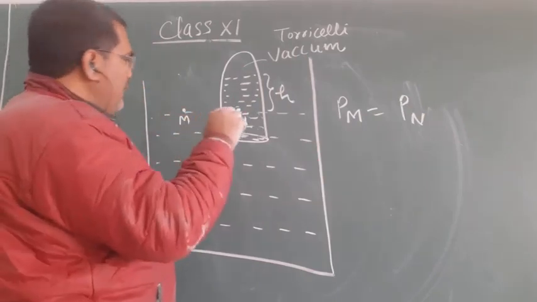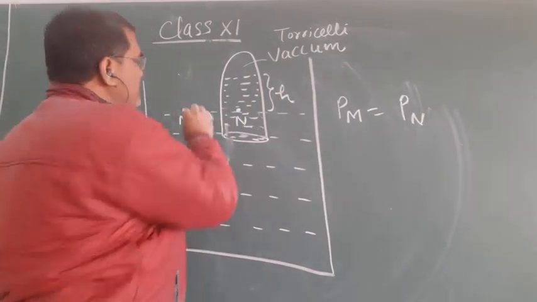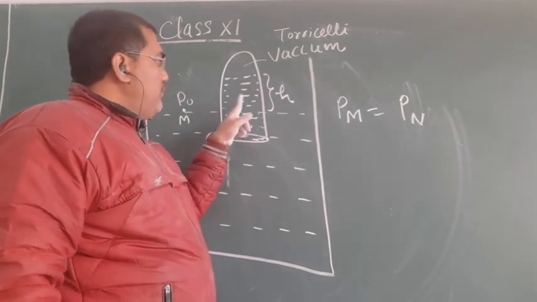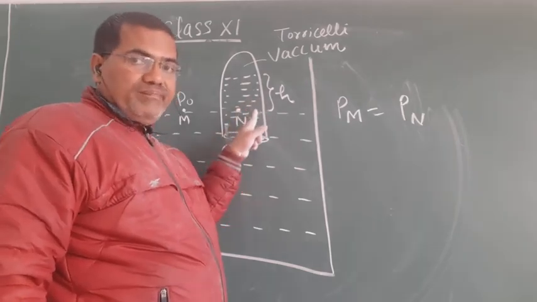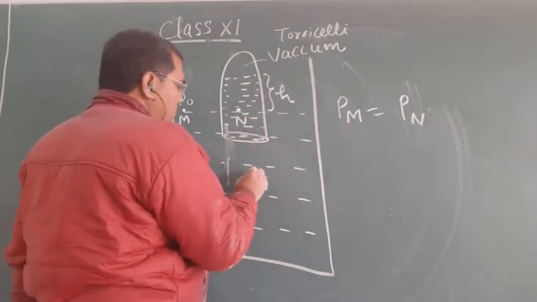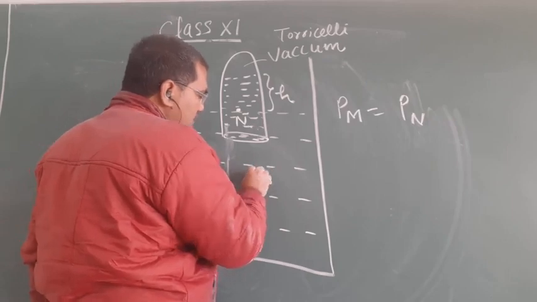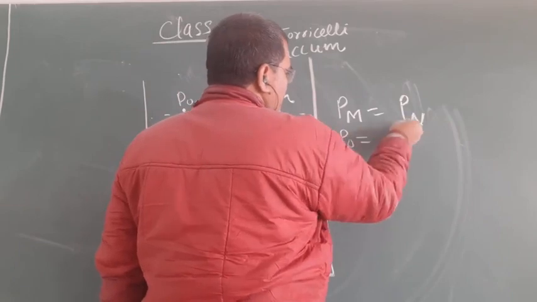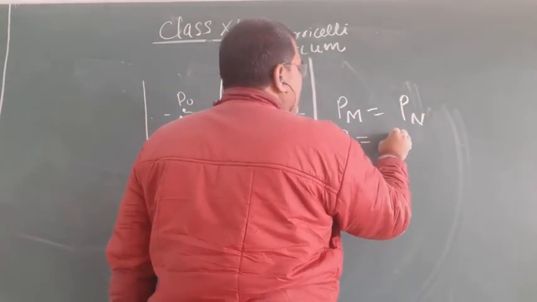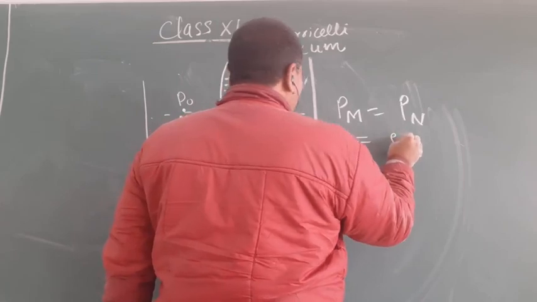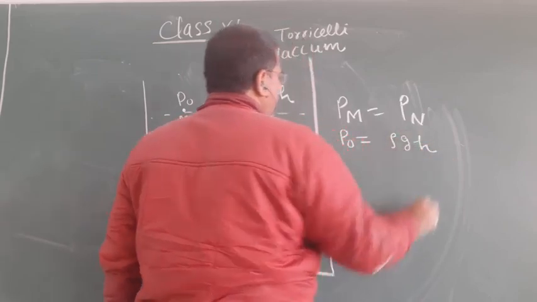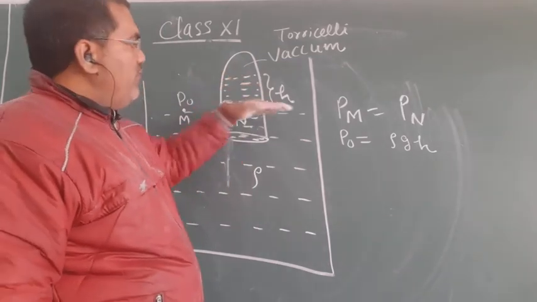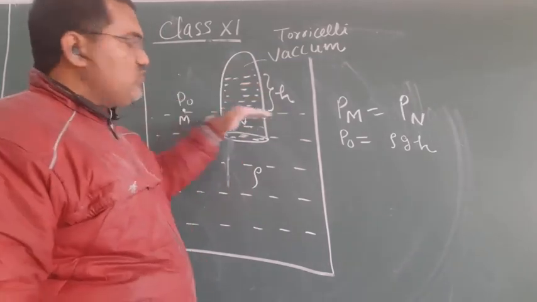So pressure at M equals pressure at M. Pressure at M is due to atmospheric pressure, and pressure at M is due to the pressure of the liquid column. This is a liquid of density rho. So pressure at M equals P naught, and pressure at M equals the pressure of the liquid column, that is rho gh. h is the height up to which the liquid rises in the tube above the normal surface of the container.